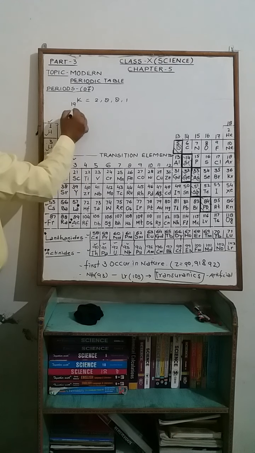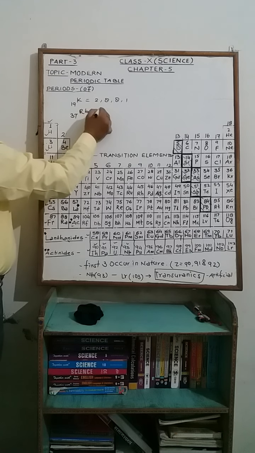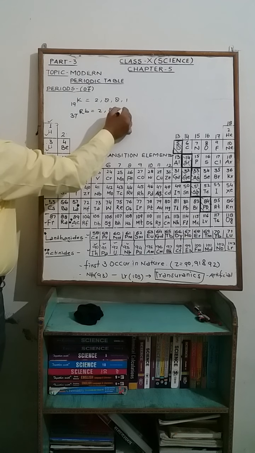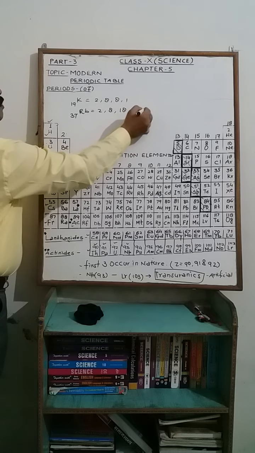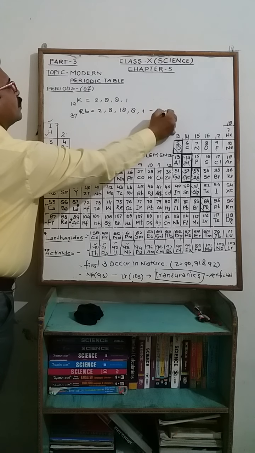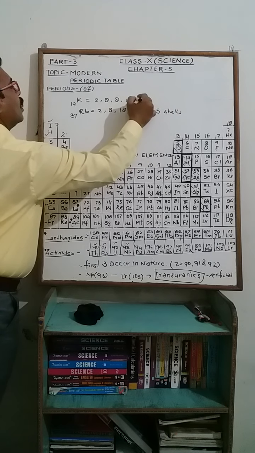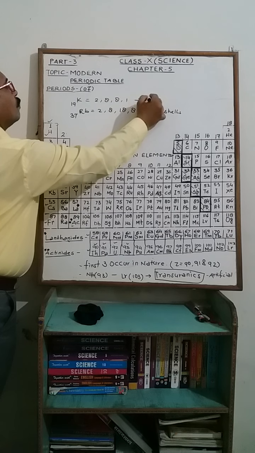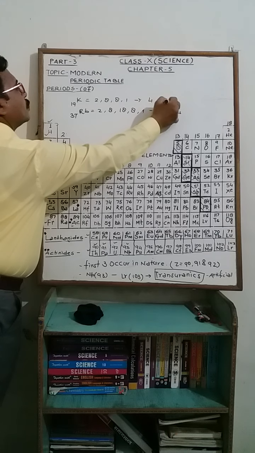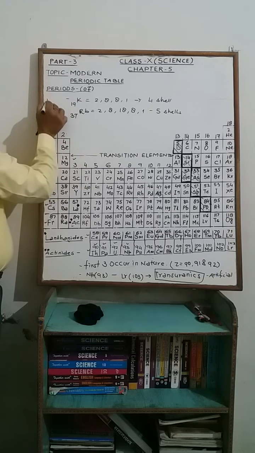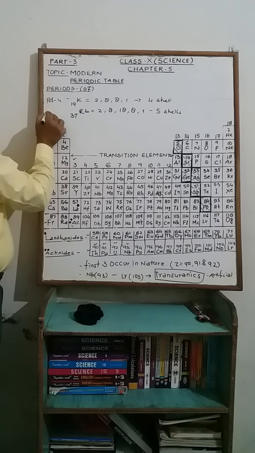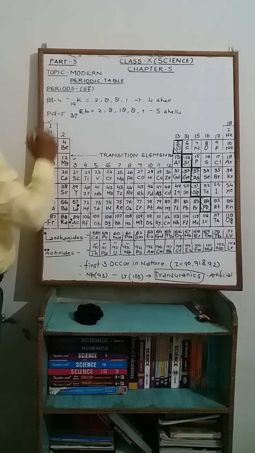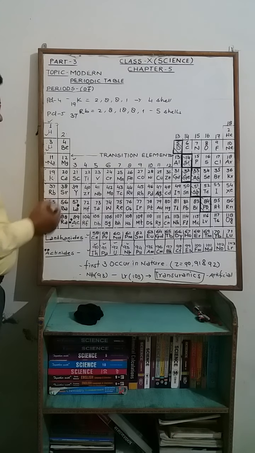Rubidium, that means Rb, atomic number 37, 2, 8, 18, 8, 1. How much? 5 shells. How many? 4 shells. That means period 4 and that means period 5. Again, cesium and francium, same here.